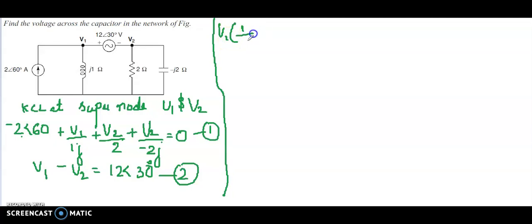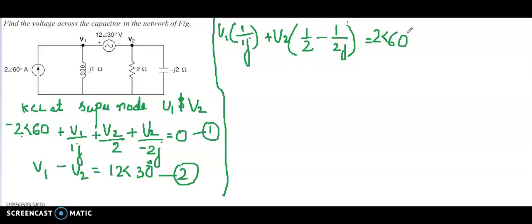V1 into 1 by 1j plus V2 into 1 by 2 minus 1 by 2j is equal to 2 angle 60 degree. We can write it as V1, 1 by 1j.